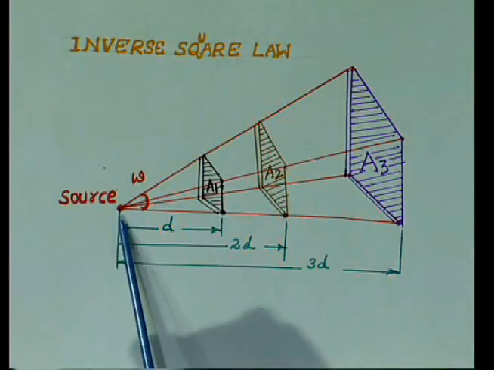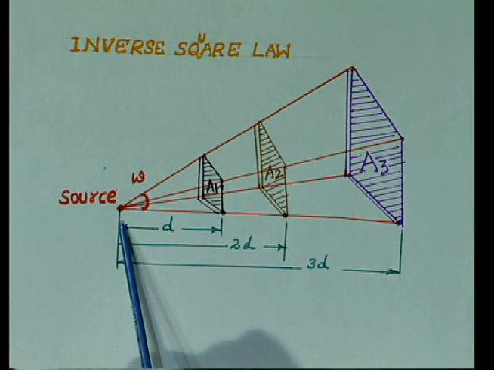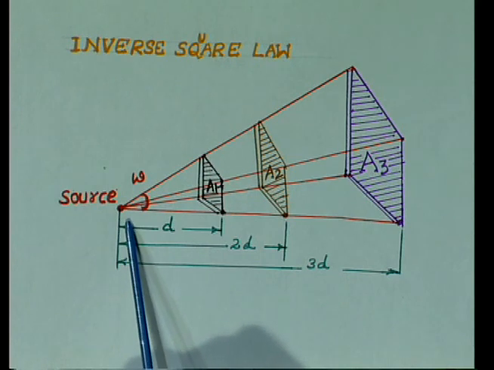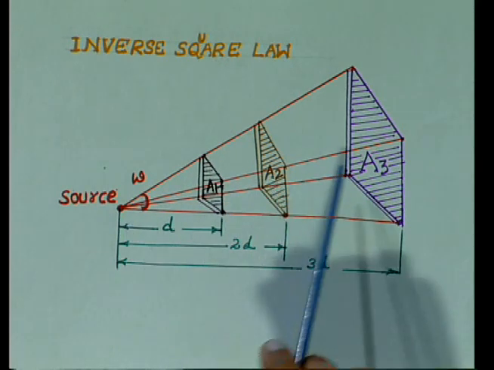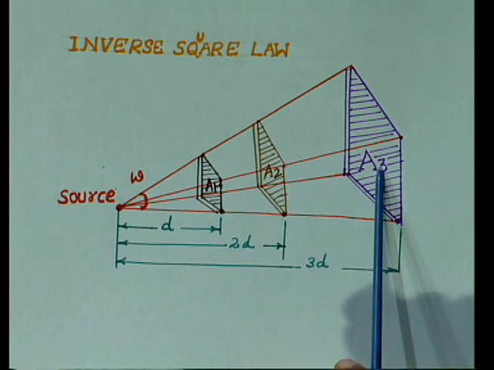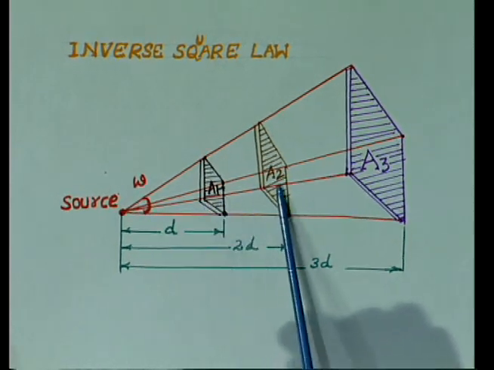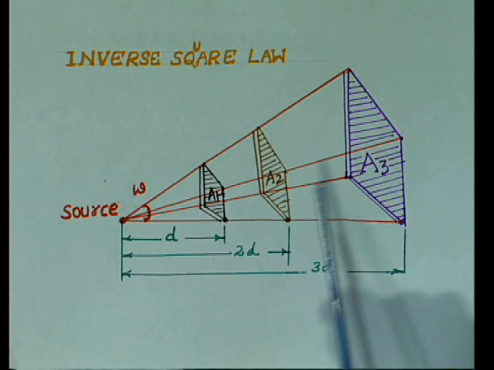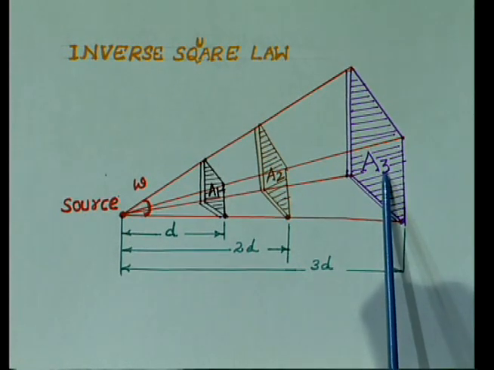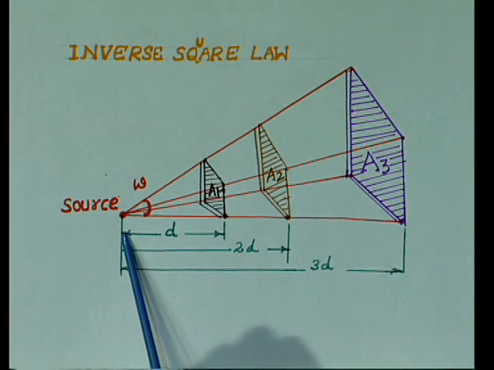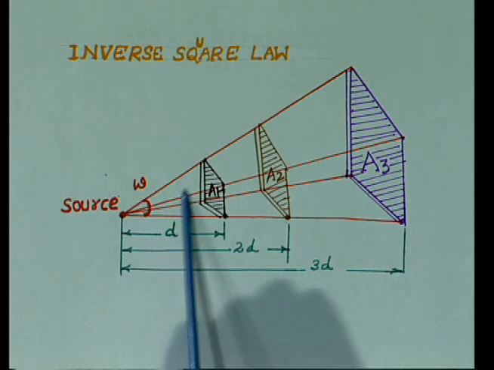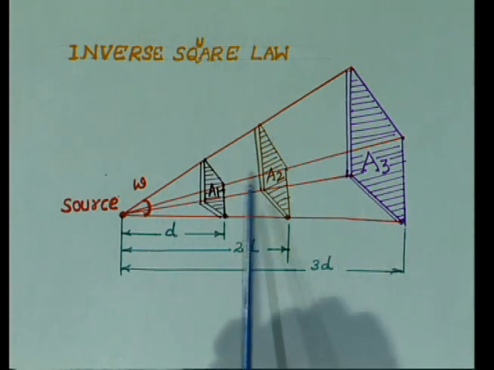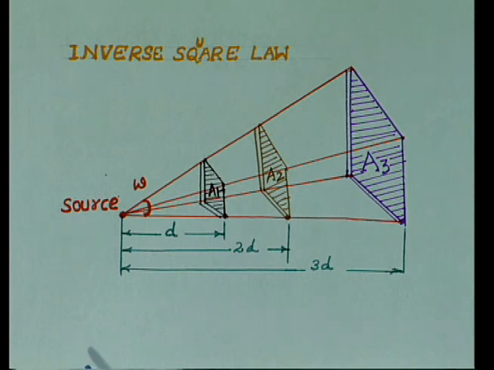So, this can be better shown through this example. Now, this is the point source, we are considering only point source, and A1, A2, A3 are the areas which are parallel to the point source, and from the source the light waves are emitting.